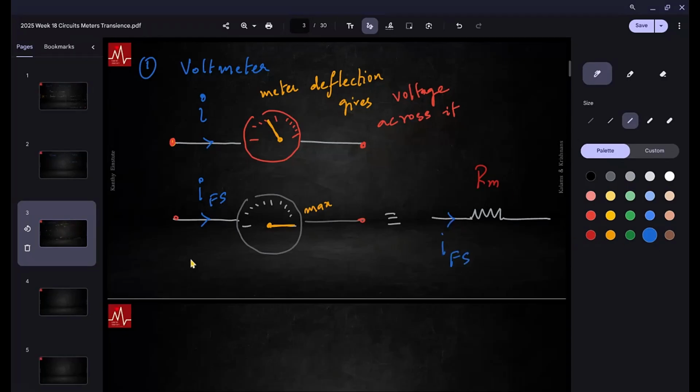Full scale for the meter. So the deflection in the meter shows the voltage and depends on the current through it. Okay.